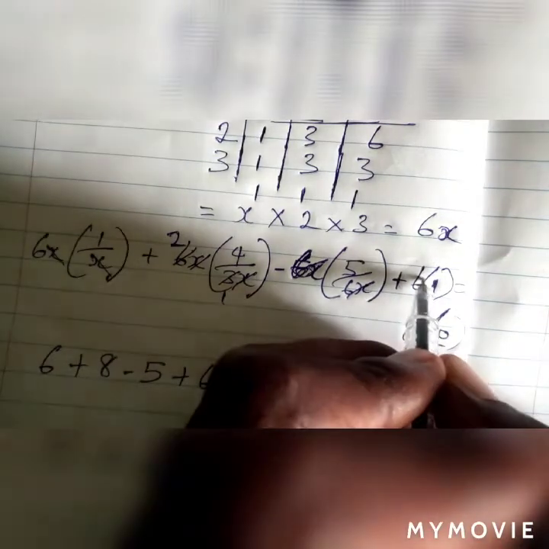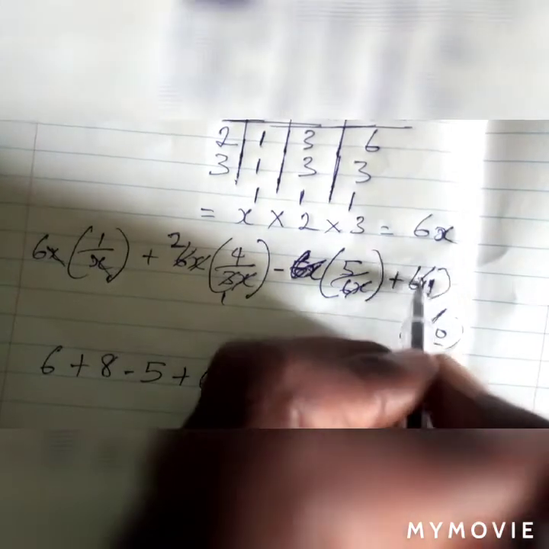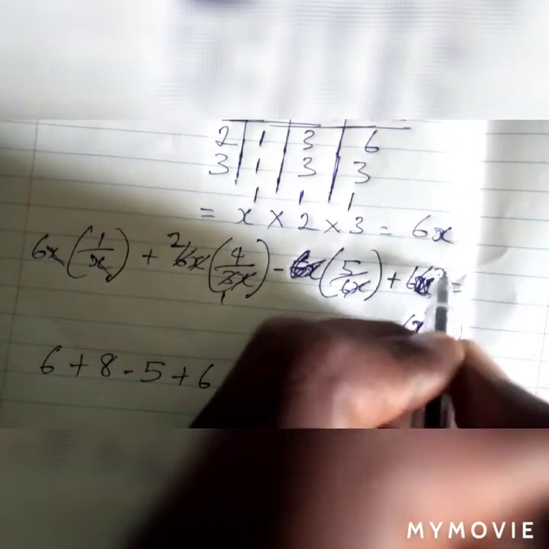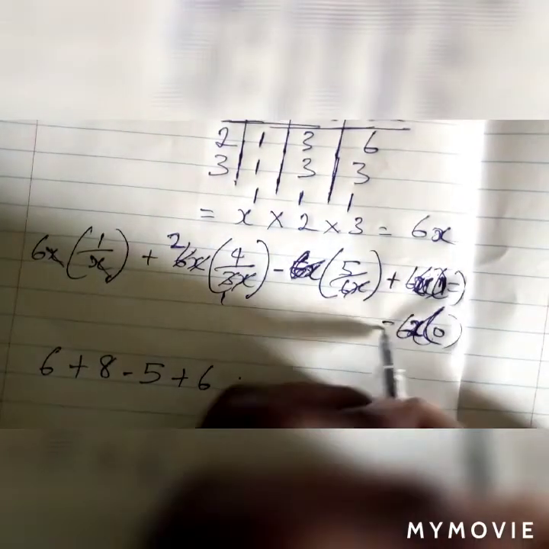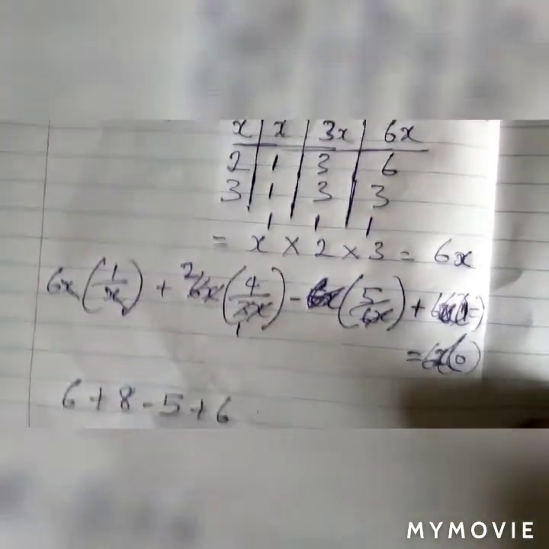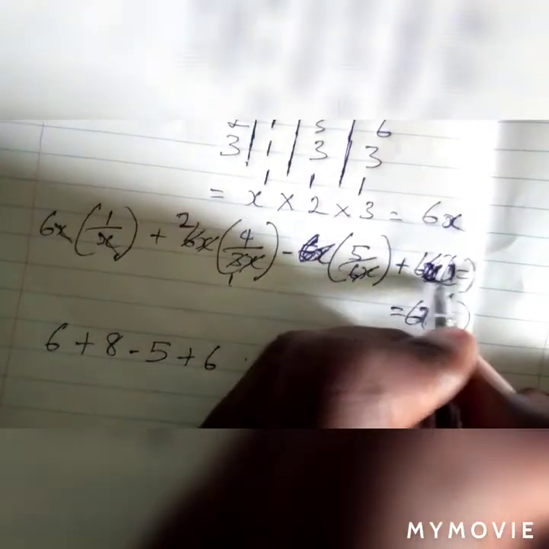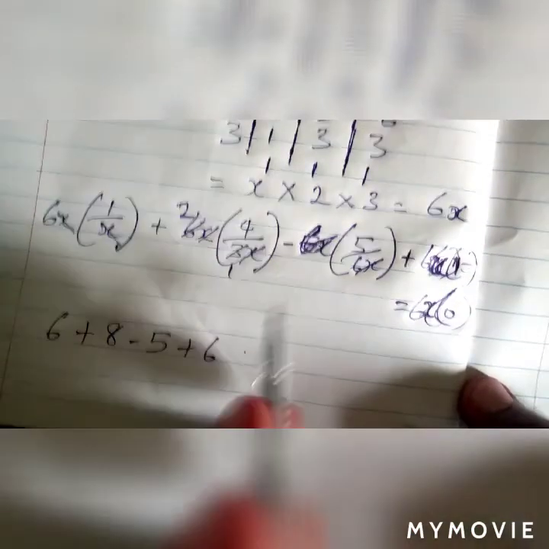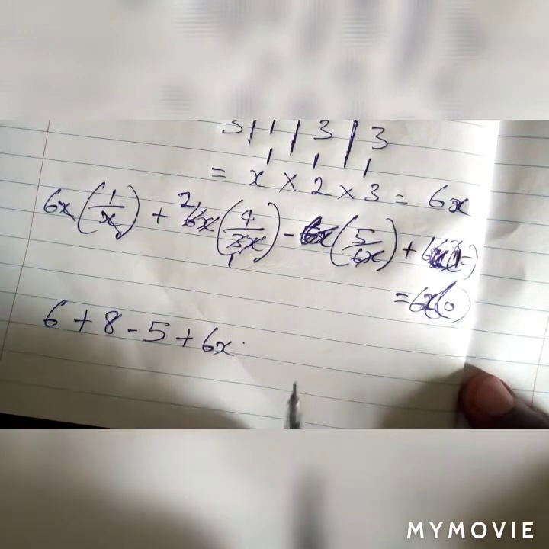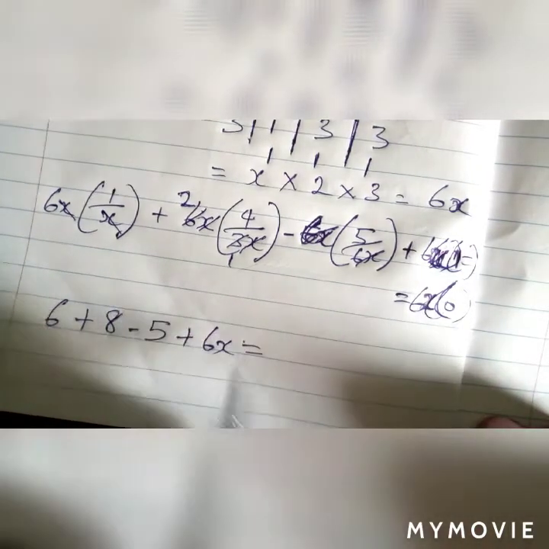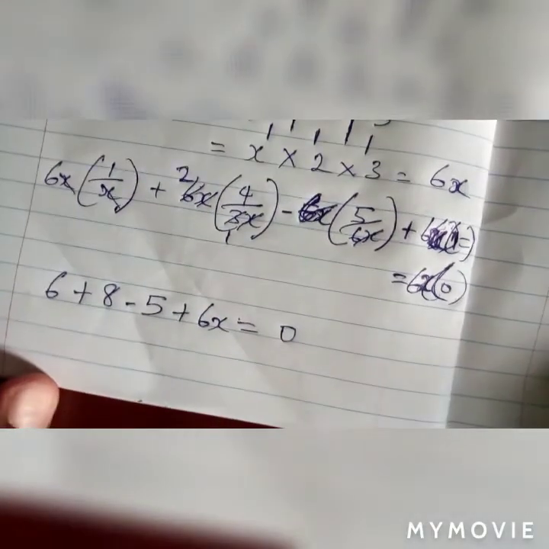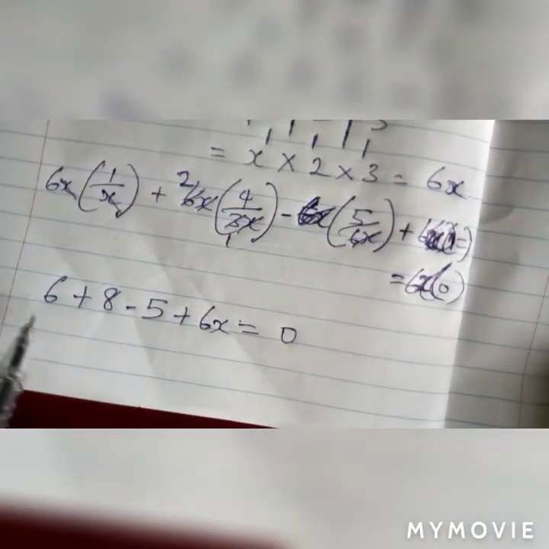Sorry, this is 6x, so we write 6x, which equals 6x times 0, which is 0.